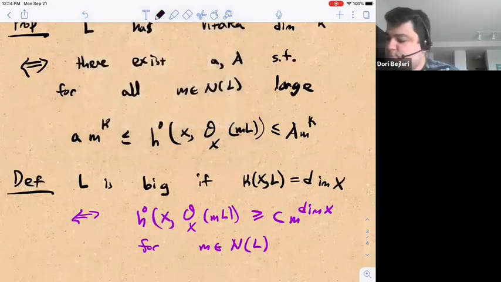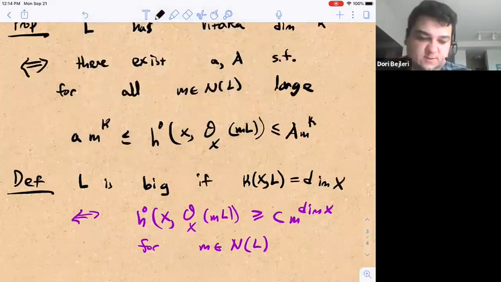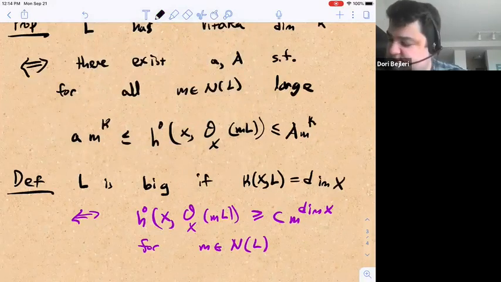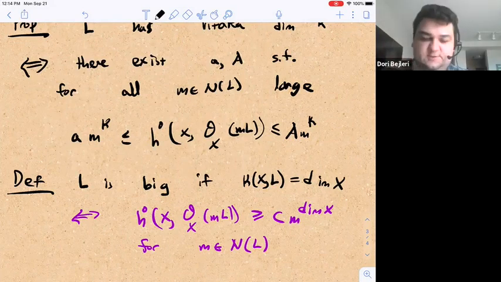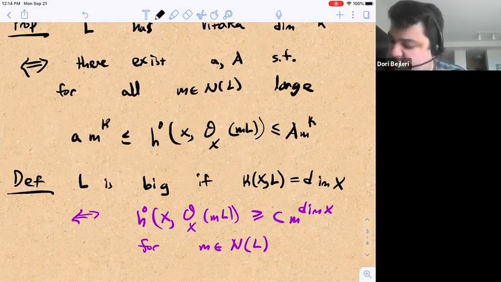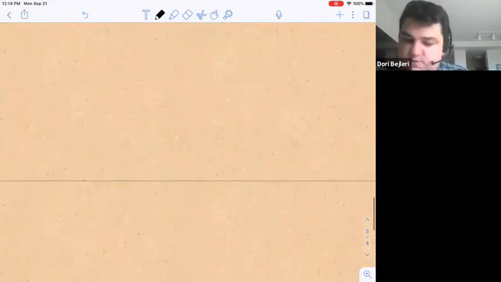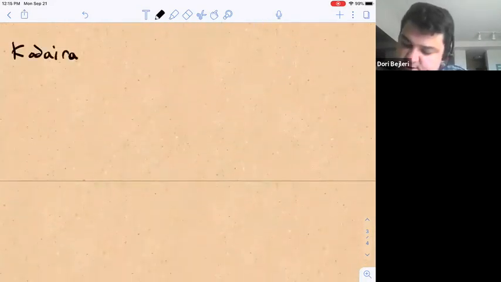Okay. And now the point of all this is that we'll use a few properties of big divisors during the proofs of non-vanishing and abundance for surfaces, but also we'll need to study big divisors in higher dimensions as well. So the two properties, one of them is Kodaira's lemma.